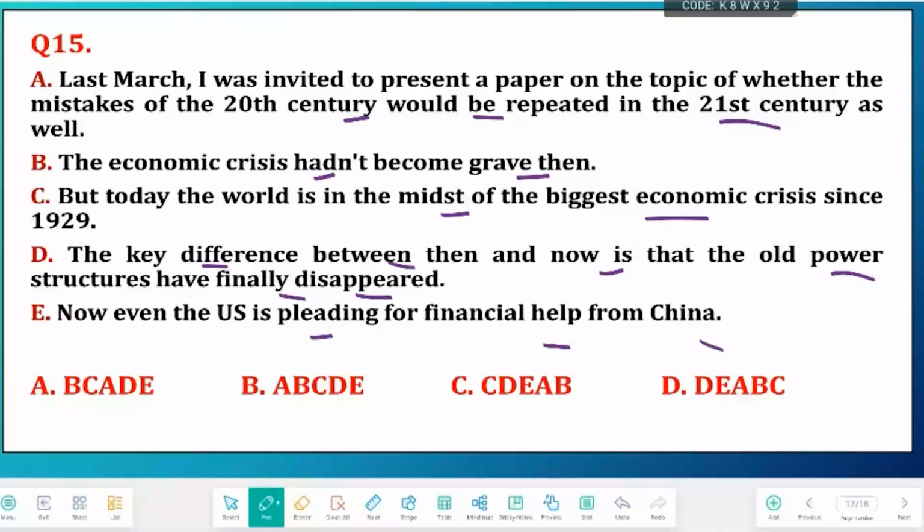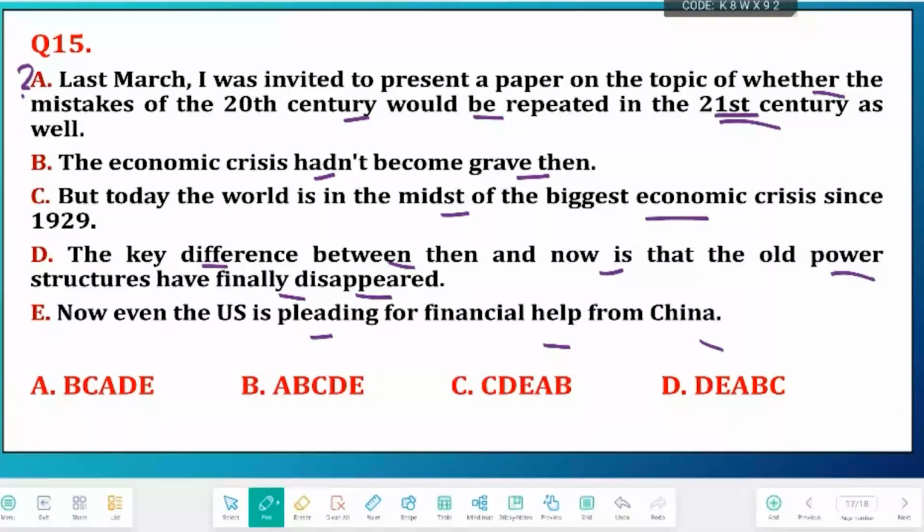Okay, so let's come back to the parajumble now. Last March, I was invited to present a paper on the topic of whether the mistakes of the 20th century would be repeated in the 21st century as well. Let us look at this. Okay, so we do not have anything here, so we cannot eliminate this. So let us put a question mark. This may be or this may not be our first statement.